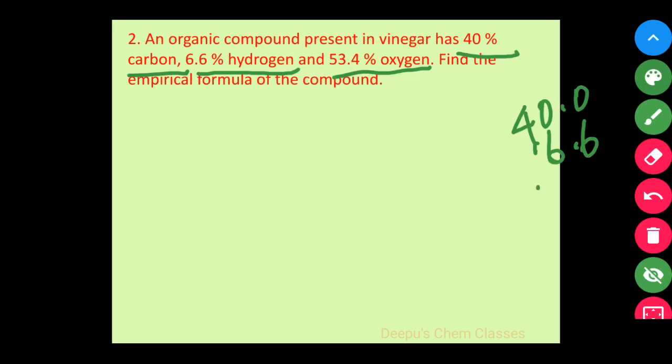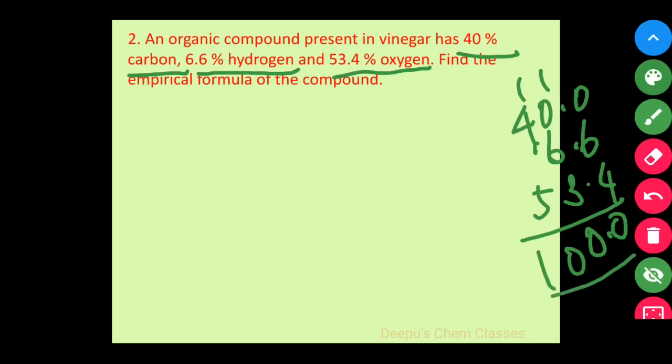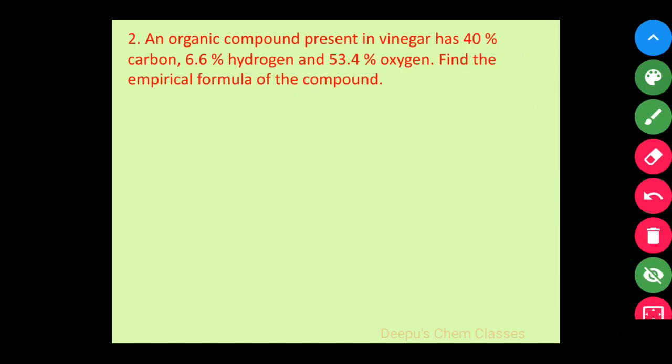Then oxygen 53.4. Just add all these values. 6 plus 4, 10, remainder 1. 1 plus 6, 7, 7 plus 3, 10. Remainder 1. 4 plus 1, 5, 5 plus 5, 10. So overall we can get 100 gram. Anyway, let us see the problem now.